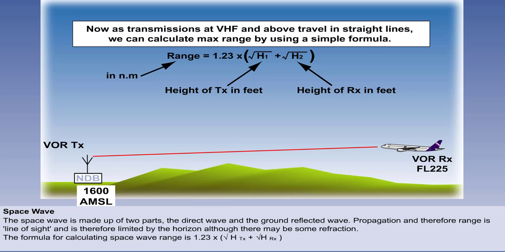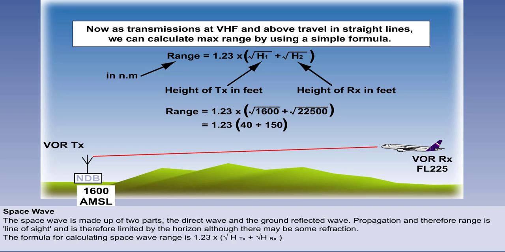Range in nautical miles is 1.23 times the sum of the square roots of the height in feet of the transmitter above the ground and the height of the receiver in feet. So, suppose the transmitter is at 1600 feet above mean sea level and the aircraft is at 22,500 feet.